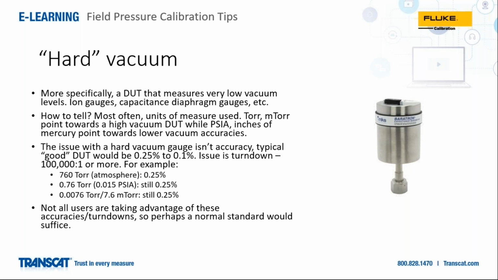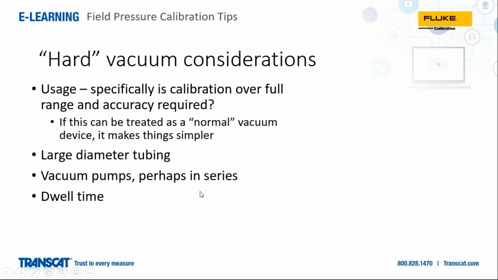In other cases, more sophisticated users may want calibration all the way down. As I said here, sort of previewing on this slide, they may not require the accuracy, but they might. For vacuum, large diameter tubing is definitely a help in drawing a vacuum down in a reasonable amount of time.